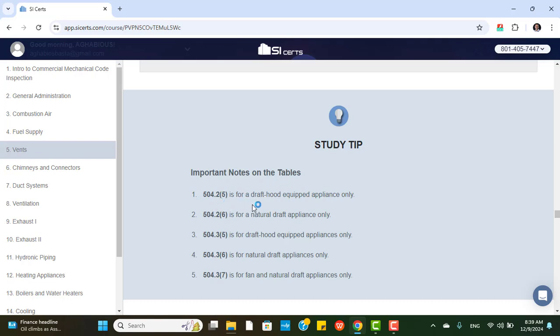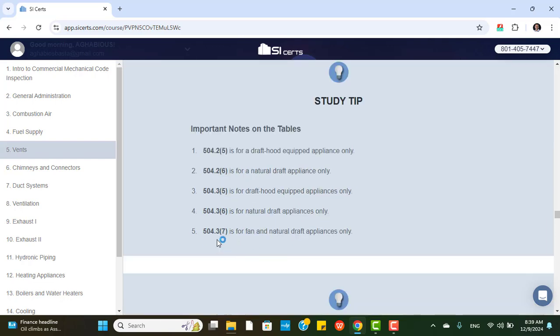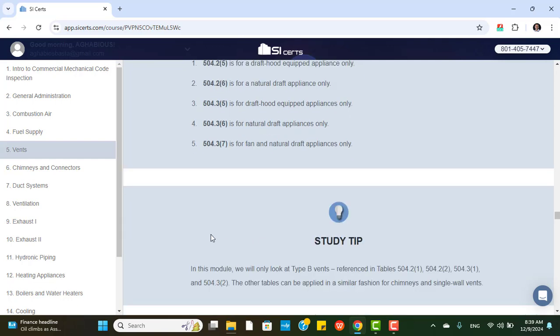504.2.5 is for draft hood equipped appliances only. 504.2.6 is for natural draft appliances only. 504.3.5 is for draft hood equipped appliances only. 504.3.6 is for natural draft appliances only. 504.3.7 is for fan and natural draft appliances only.